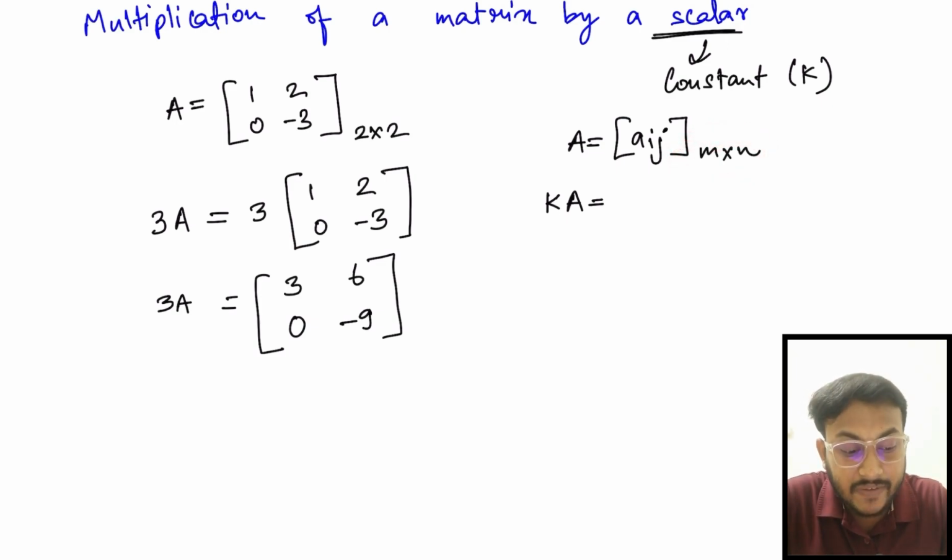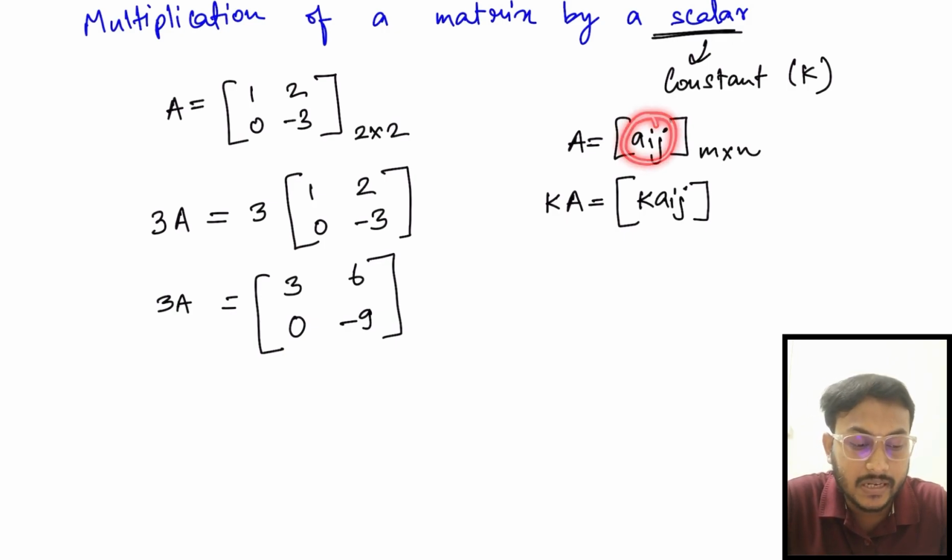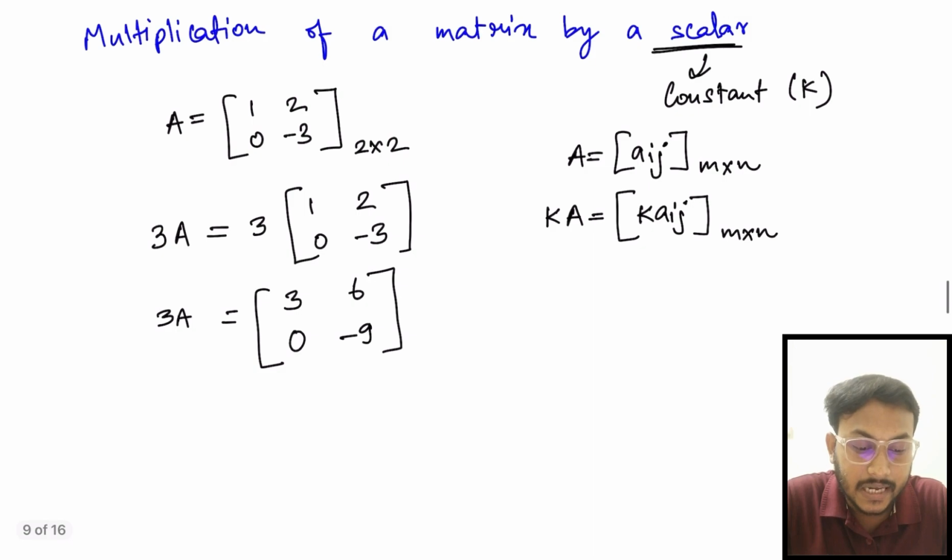This k will multiply with every element in the matrix. Aij represents every element of a matrix. After multiplying the constant with all the elements, the order does not change; it remains the same. So this is how you multiply a scalar with a matrix.